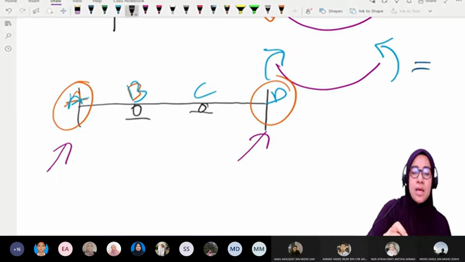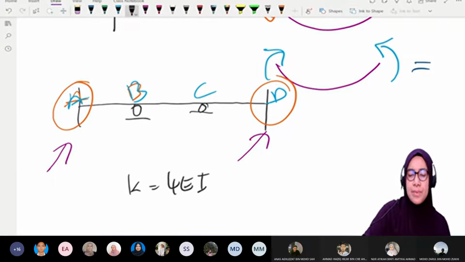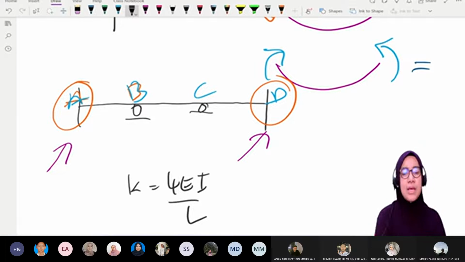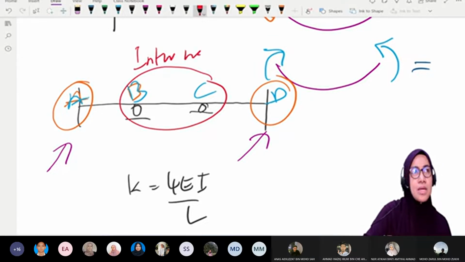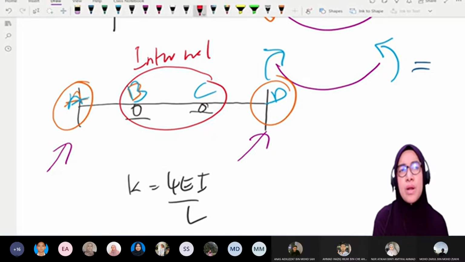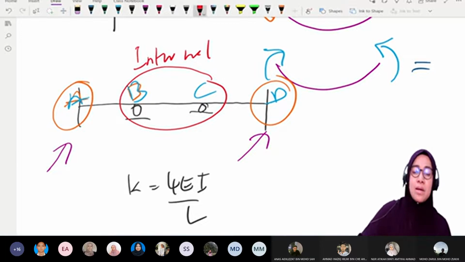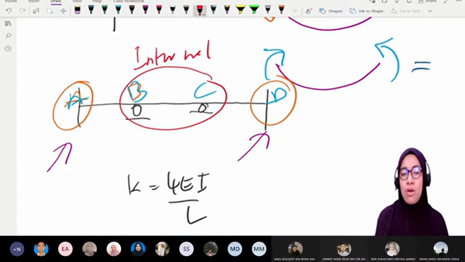So K formula dia 4EI over L is for far end fixed. Kita tak mention about these two. These two are internal support, and internal support is always assumed as fixed support. So that is why automatically we can get K for BC equal to 4EI over L.